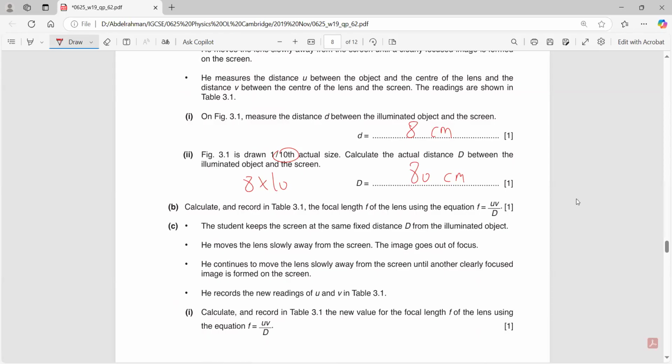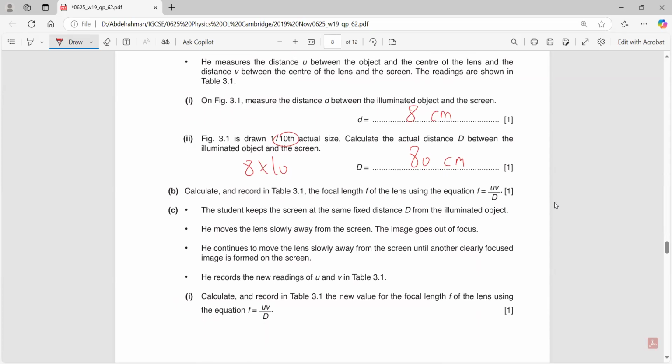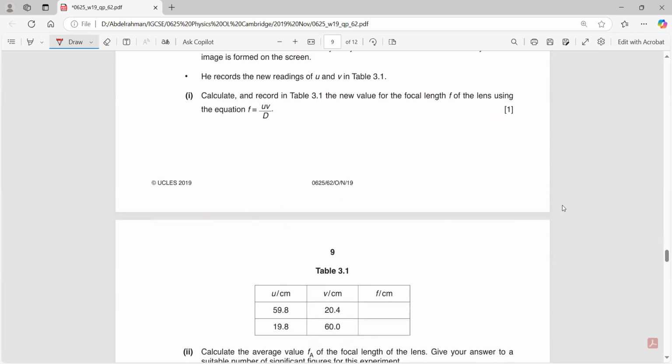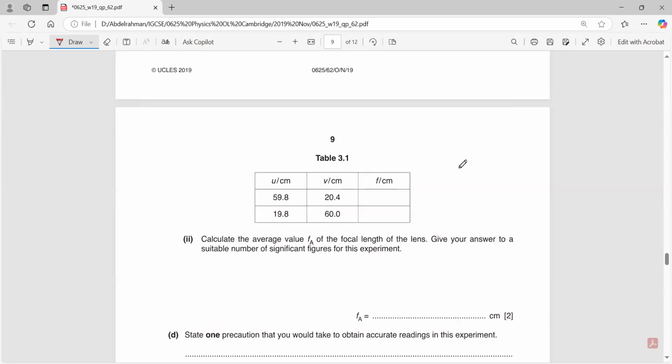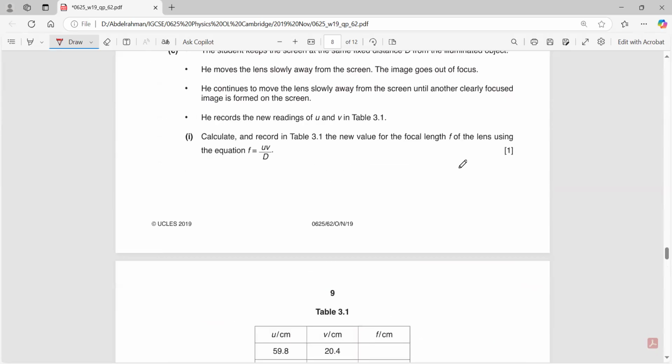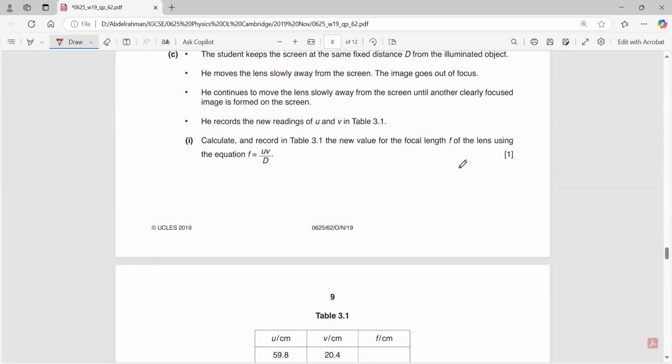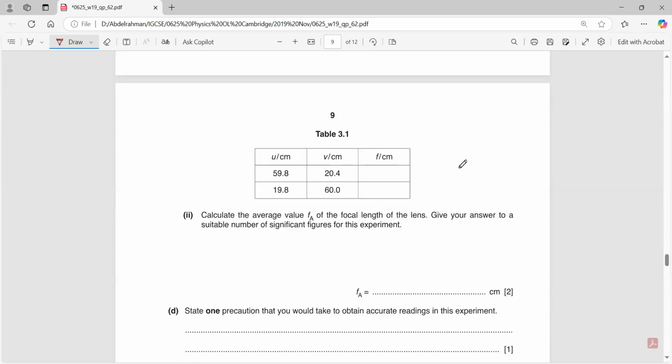Calculate and record in table 3.1 the focal length using the equation UV over capital D. What is U and what is V? You have U and V divided by capital D. Please take care that it is capital D, which is 80.